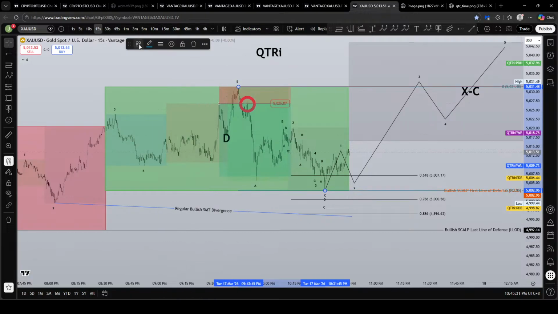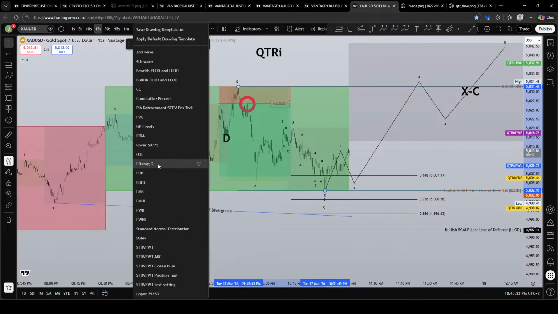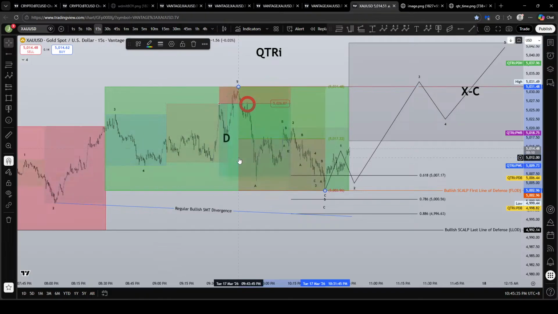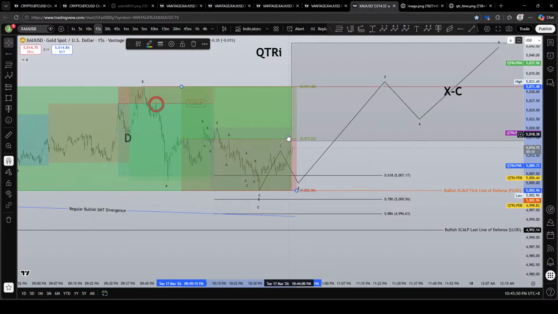If the price before the closing is below the equilibrium, there's a possibility that it will sweep the low of the previous quarter. But if the price is within, that's neutral, meaning it can go up or it can go down.